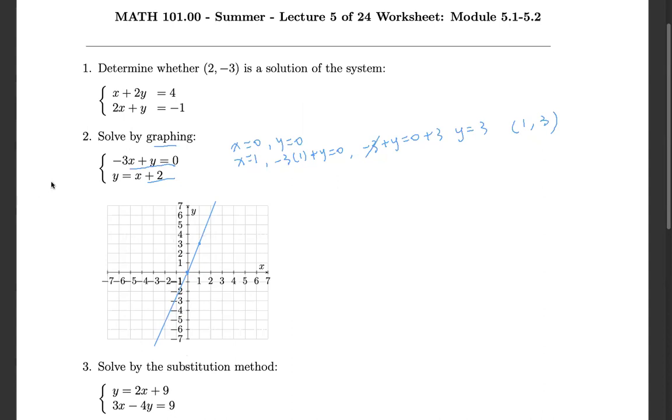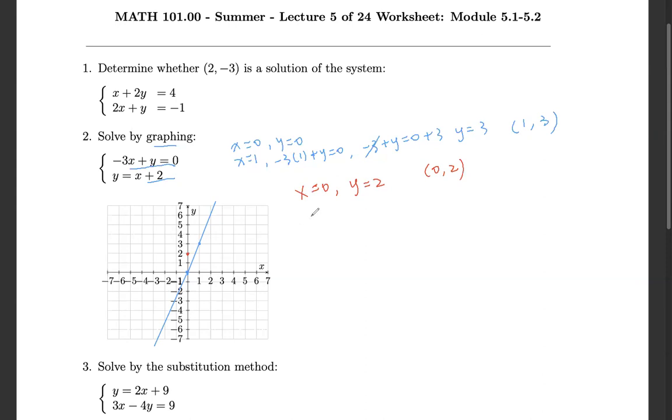Let's use red color to draw the second equation. So for the second equation, if x equals 0, y would be 2, right? Because 0 plus 2 is 2. So I have the point (0, 2). X value is 0, y value is 2 here.